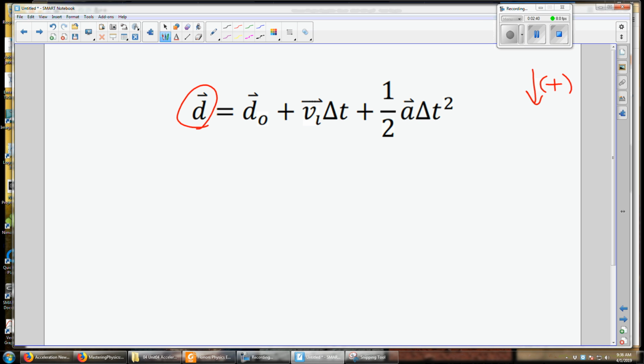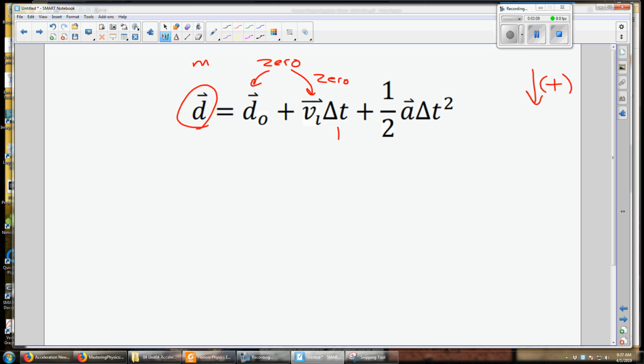What unit should I have D in? Meters. I should make sure that this is in meters. D naught, well, that's going to be 0. I'm going to call where my friend released it 0. Why? Because it's easier. It was also at rest when it started, so there's another 0 right there.